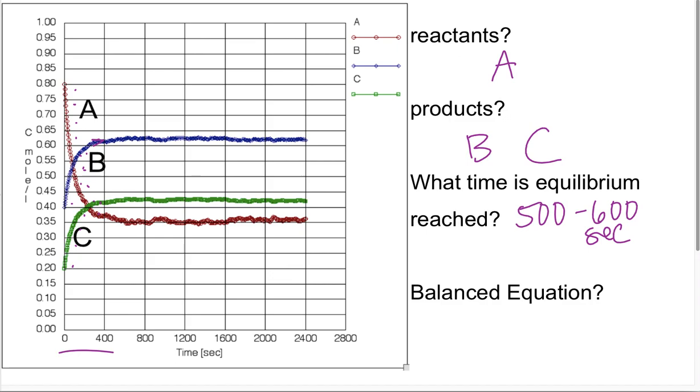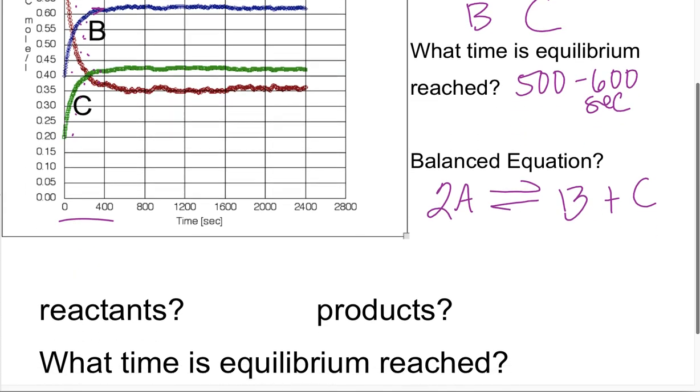So it's kind of the same, right? A is doubled to B and C. So what's my balanced equation? 2A double-arrow B plus C. Be sure to use double-headed arrows when you're given these problems. I'm telling you now, these are on quizzes and tests, because I just wrote the test. Know how to do them.